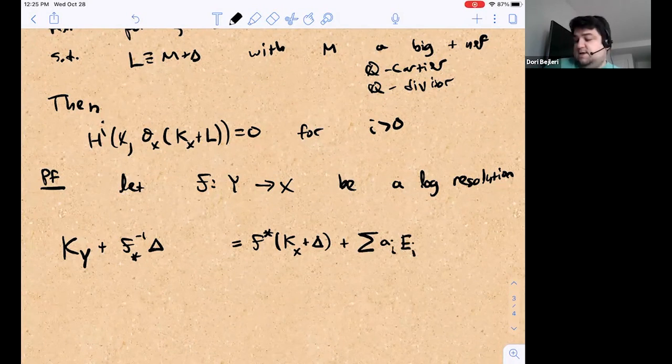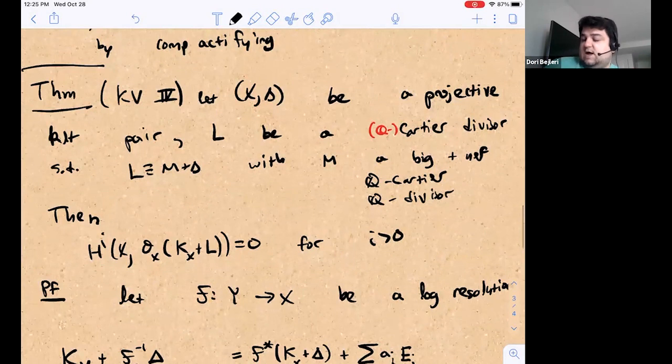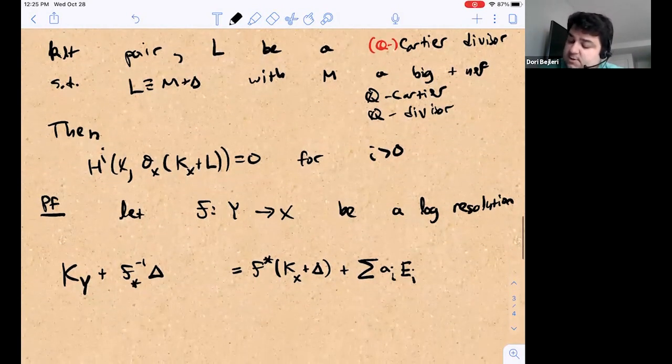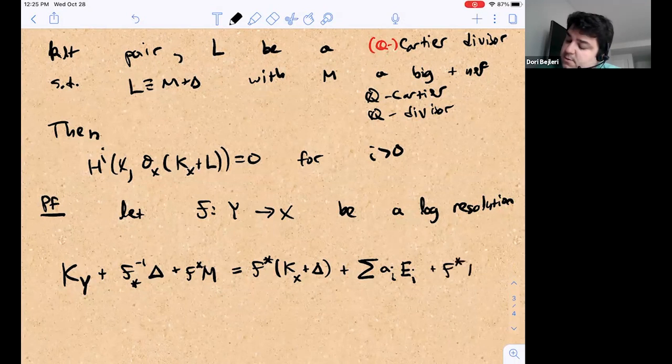And now, because we want to prove something about this L, which is not just delta, but it's this M plus delta, let's just add M everywhere. So here we have plus f^*M, and here we also have plus f^*M.